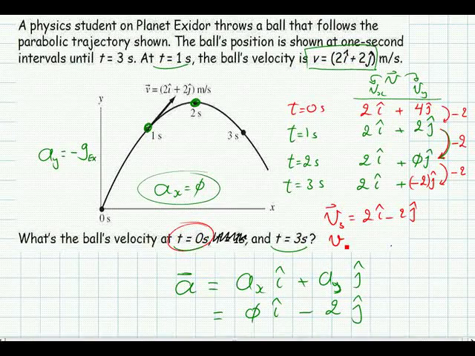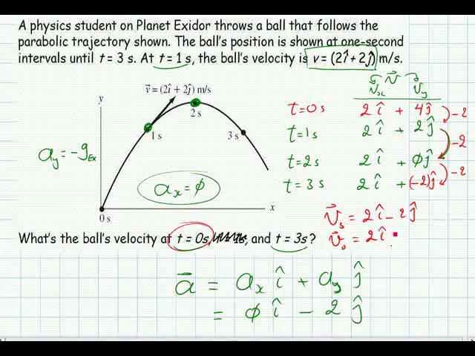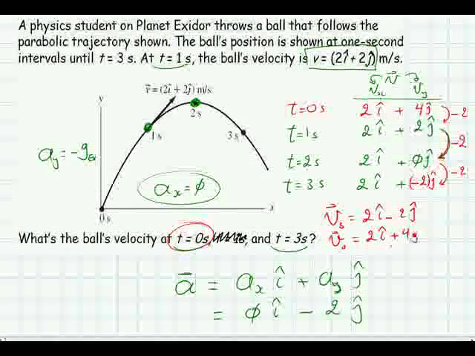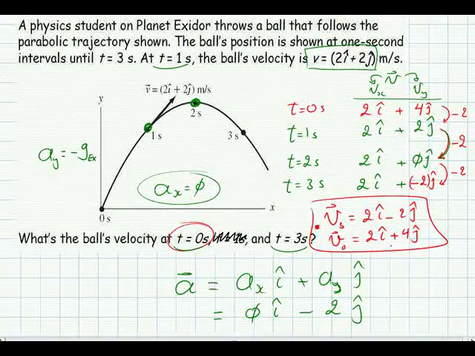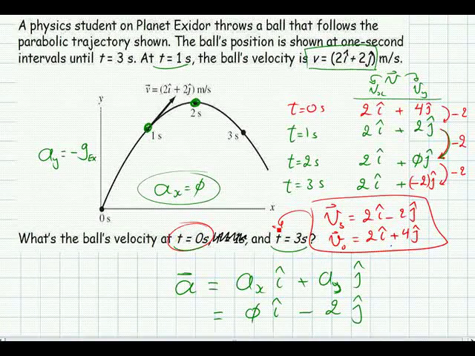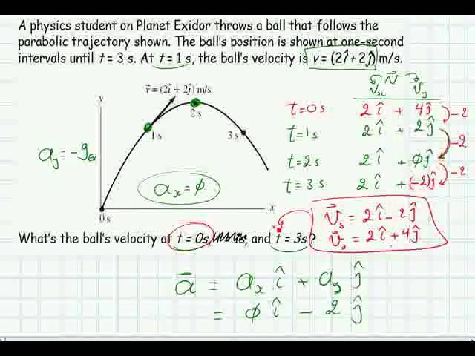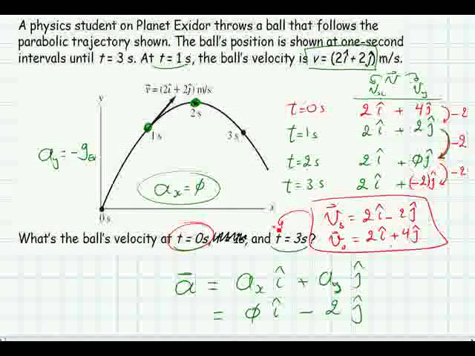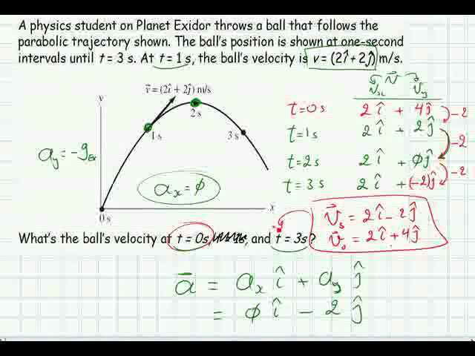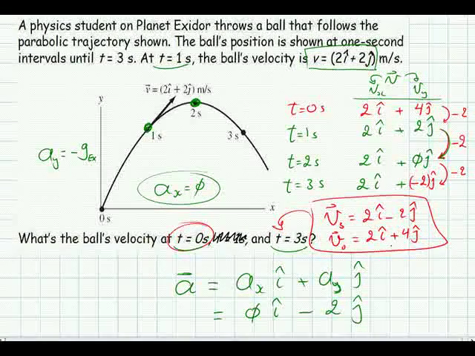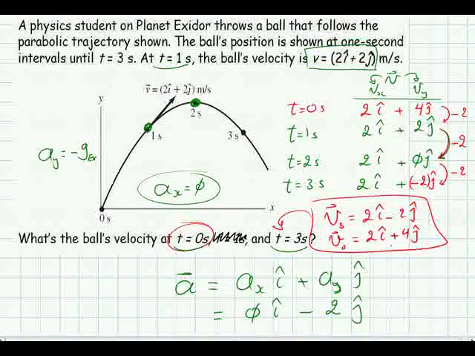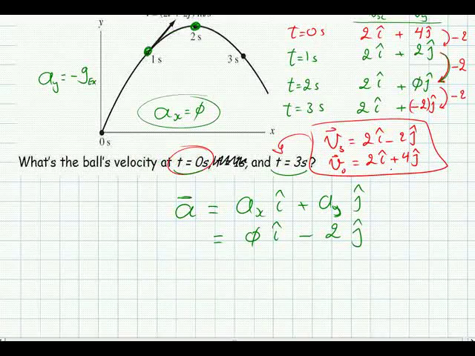Therefore, velocity at 0 seconds is 2i plus 4j, which is the answer that the question was after: the ball's velocity at 0 seconds and 3 seconds. A good example to show how we make use of the unit vector notation to solve such problems.